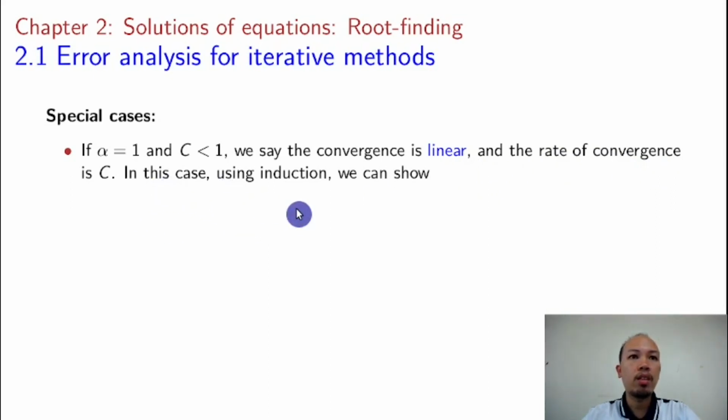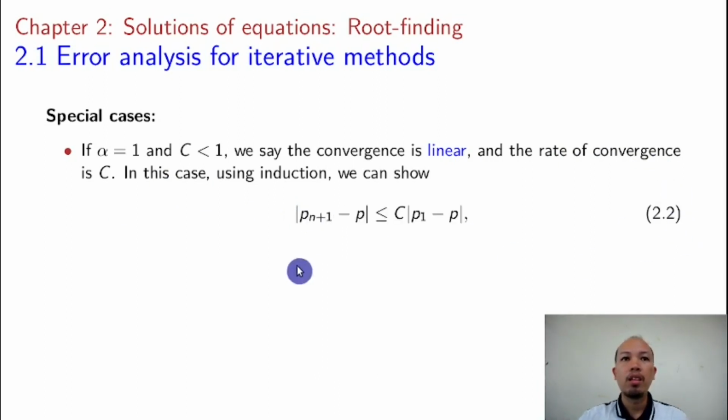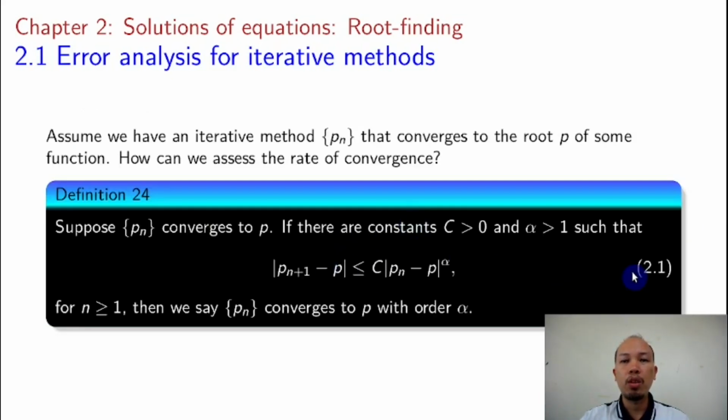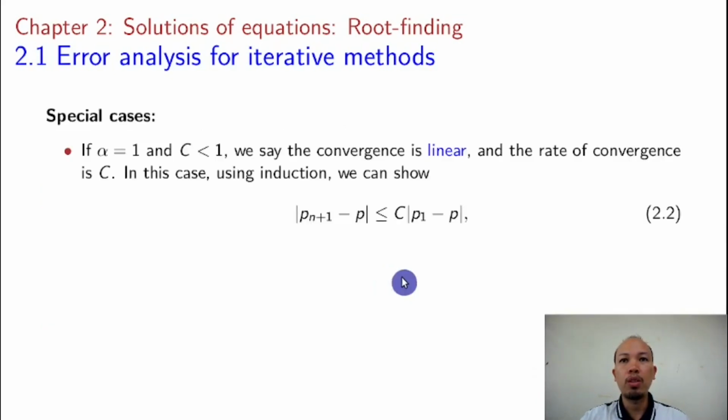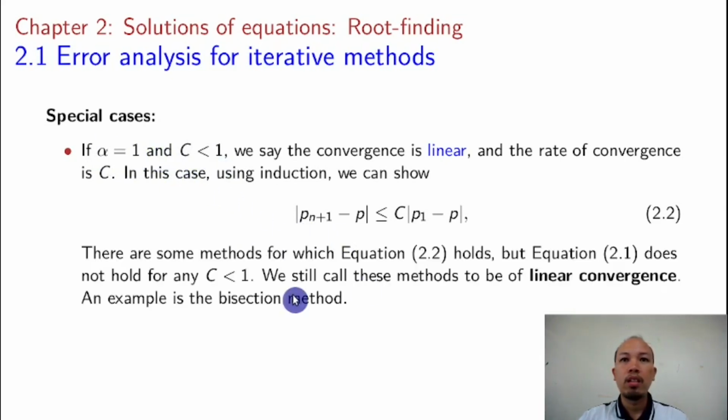In this case, using the principle of mathematical induction, we can show that this is true. We can reduce equation 2.1 to equation 2.2 as long as we set alpha equal to 1 and c is less than 1.